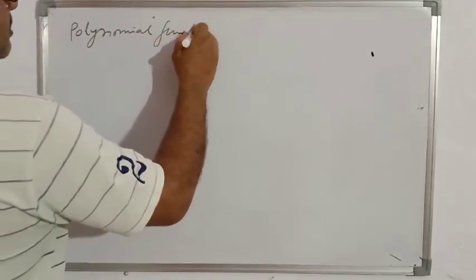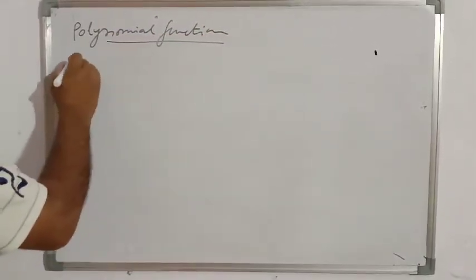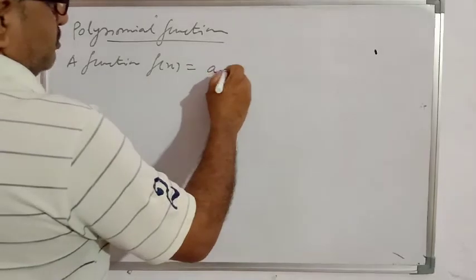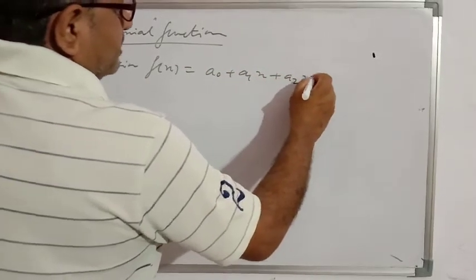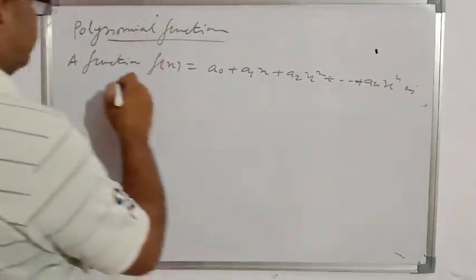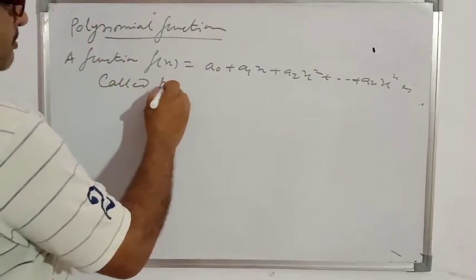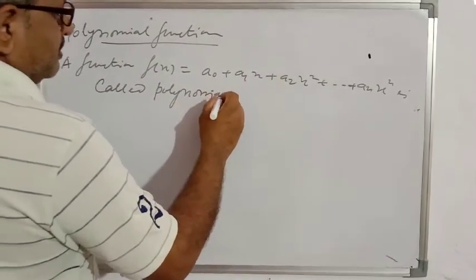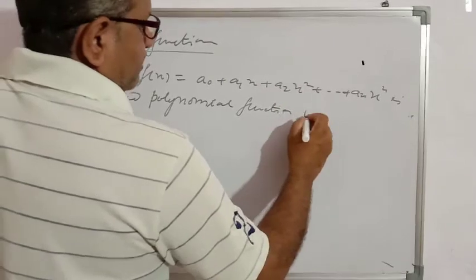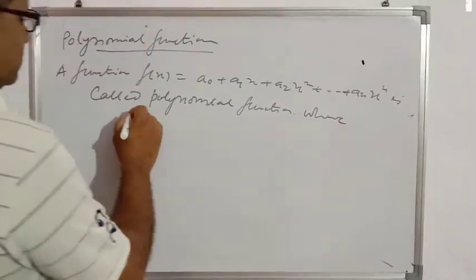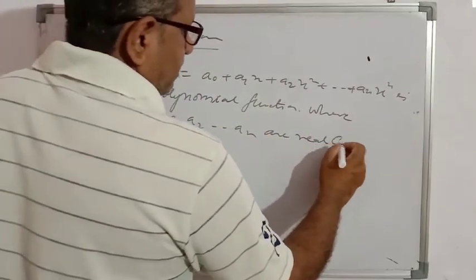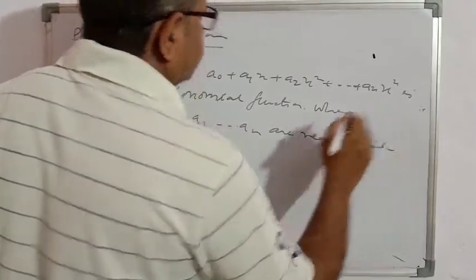A function f(x) = a0 + a1x + a2x² + and so on, up to anx^n, is called a polynomial function, where a0, a1, a2, an are real constants.